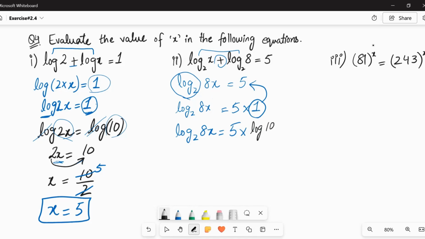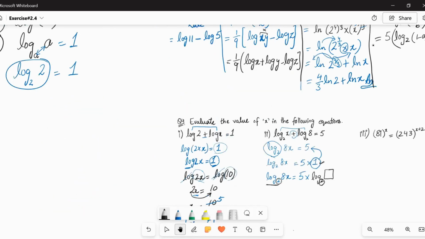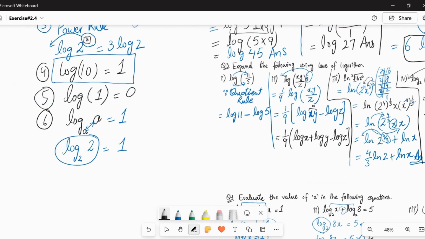But this is not correct here, because on the left hand side there is a log with base 2, but if we replace 1 by log 10, we just get log with base 10, which is not correct, so we actually want a log with base 2. So first we'll write log with base 2. Now what number should we write here so that we again get the answer 1? If you see the facts I just told you, if the base is the same and the value is also the same, then the answer is always 1, right?